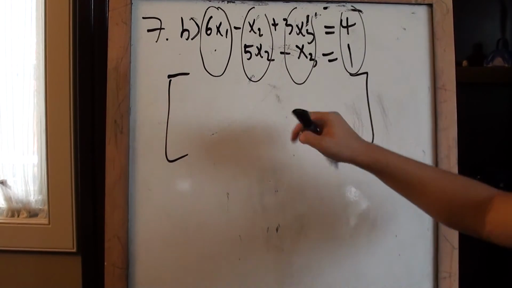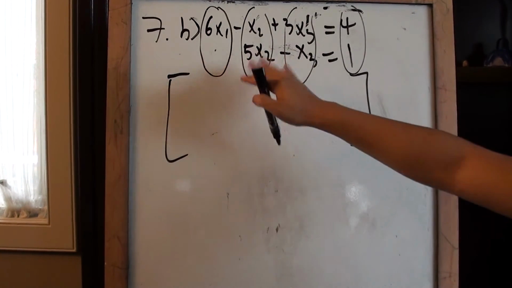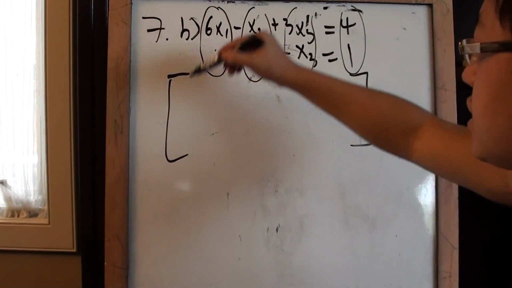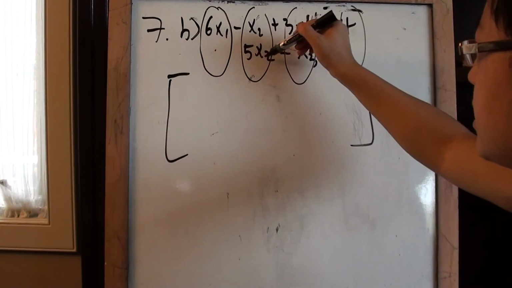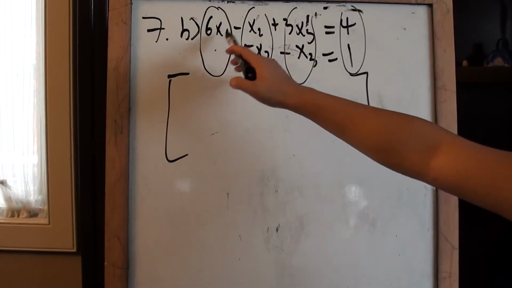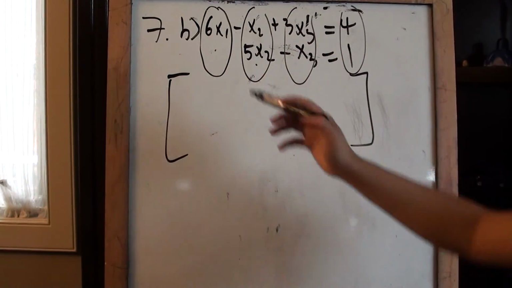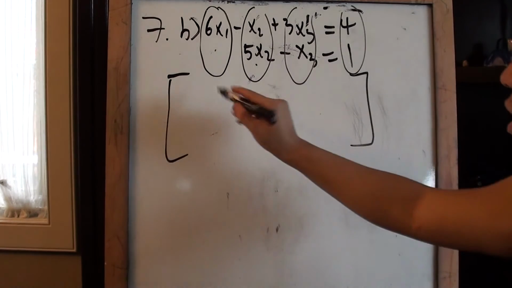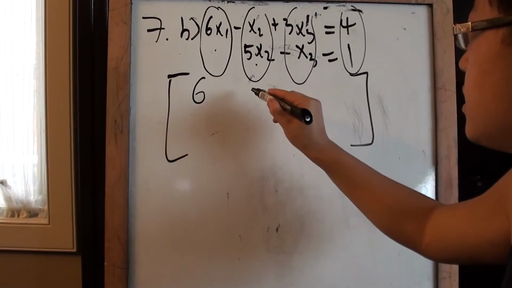Let's say this wasn't condensed. Oh, this is a bad example because this is already condensed. But let's say I move this up here, then I have the 6, 5. Oh no, wait, this is x2, so I'm going to have to put 5 here. We don't have to go through that, because it's already aesthetically organized, all we have to do is visually copy and paste, so to speak.